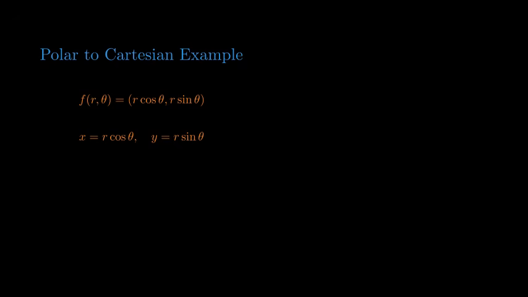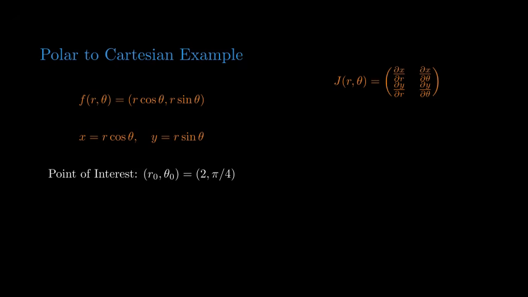As we derived previously, the first row of the Jacobian matrix contains the cosine of theta and negative r times the sine of theta, and the second row contains the sine of theta and r times the cosine of theta. Next, we evaluate this Jacobian matrix at our point where r equals 2 and theta equals pi over 4.